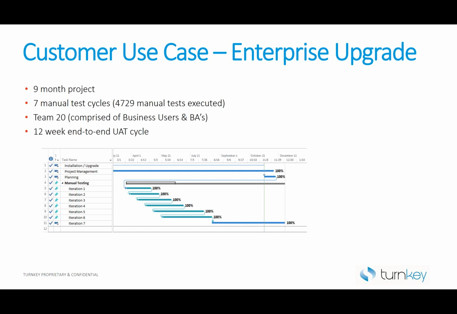A team of 20 testers comprised of business users were required for a 12-week end-to-end user acceptance test cycle, removing them from their day-to-day roles and responsibilities. In today's world, this is not acceptable, as it can cause business interruptions and in some cases require backfill and costly temp workers.